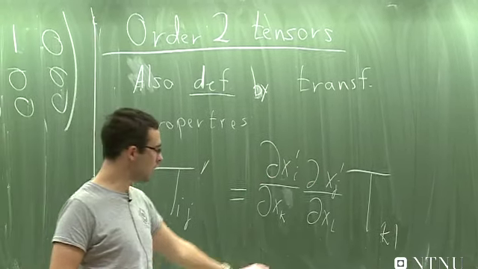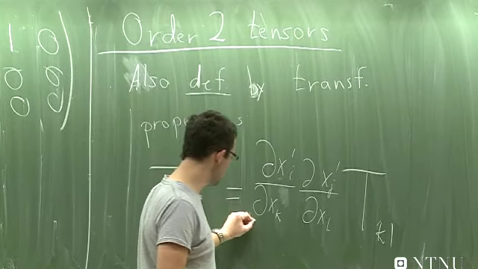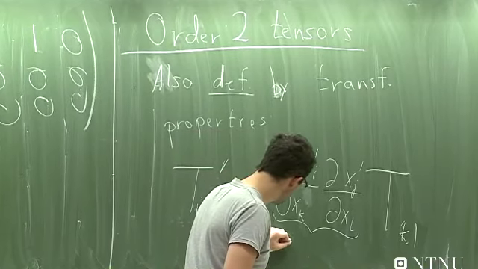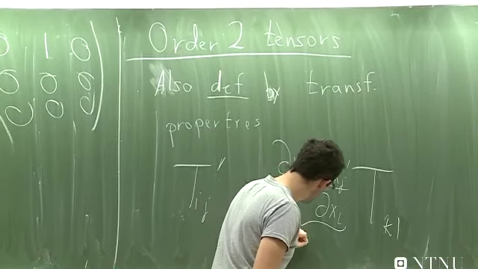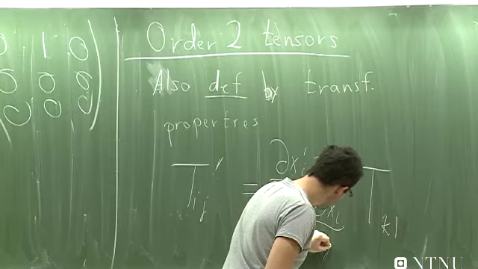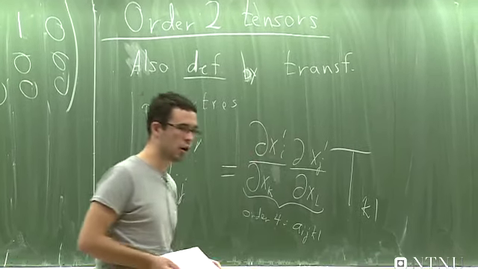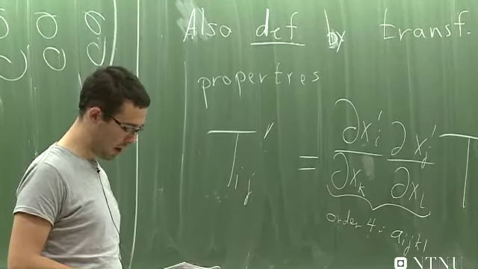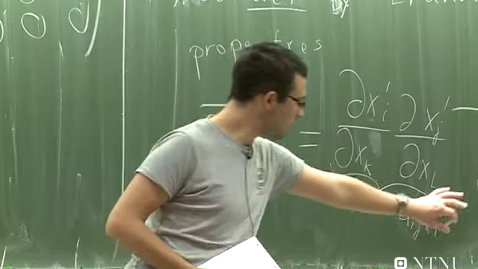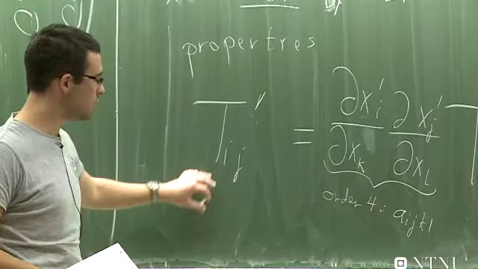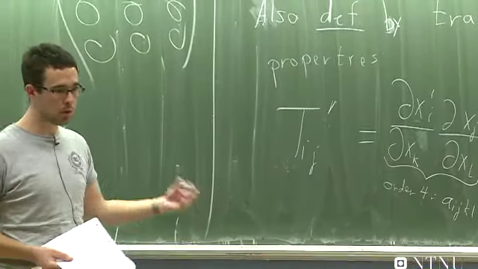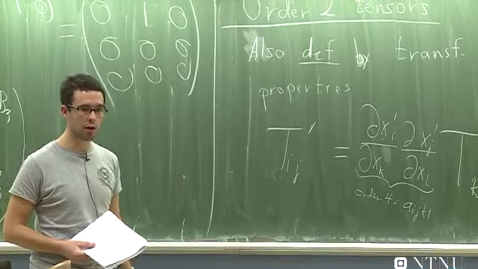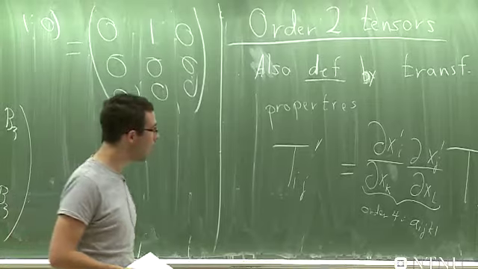So now if you want, you can write this as a rank 4 tensor, or order 4 tensor, Aijkl. So it's a party of indices here, and half the alphabet is invited. So this is how you relate the tensor in one coordinate system to the same tensor in a different coordinate system. It's completely analogous to the vector case, and this is how you define the tensors and the vectors.